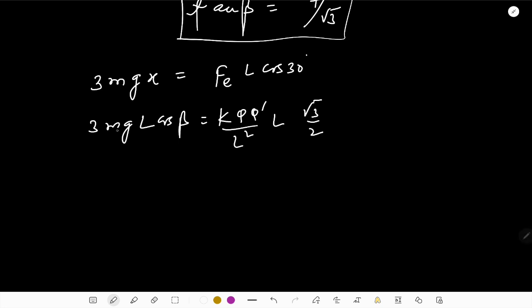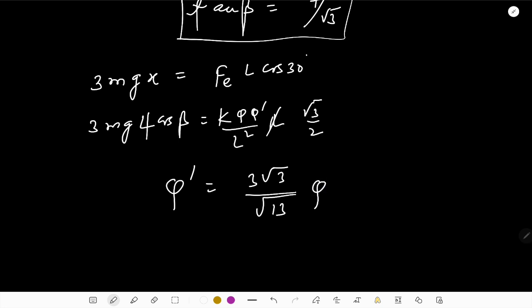And you can put here m, L is given, so you don't need to worry about L. But if you put all these values, I hope you will get q dash equal to 3 root 3 by under root 13 q.